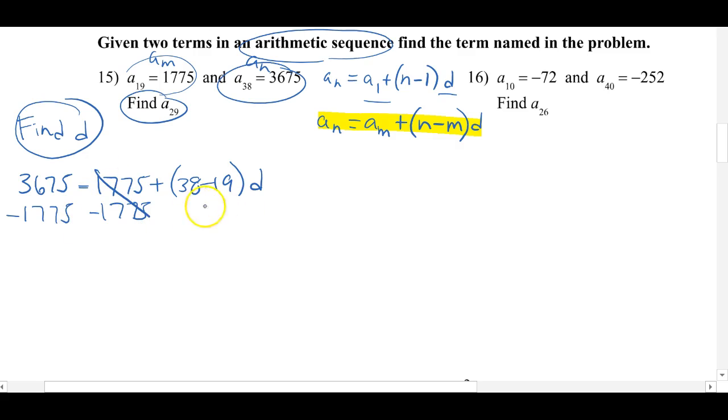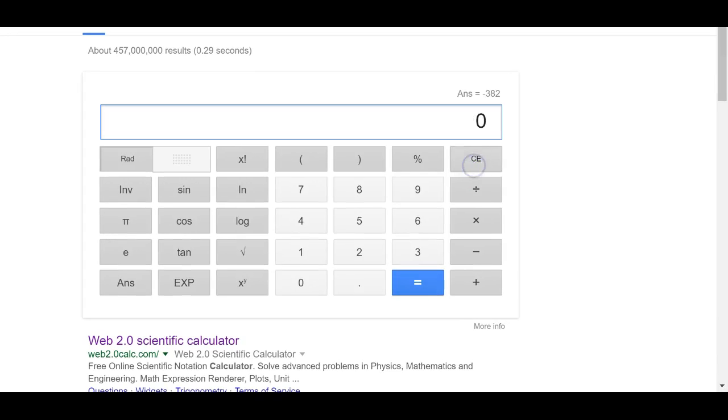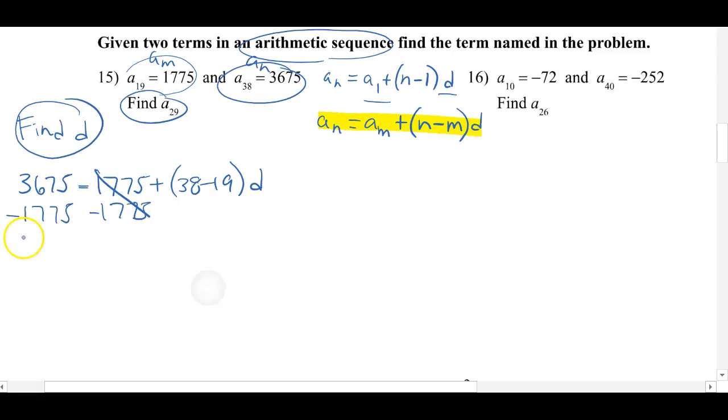What I'll get here: 3675 minus 1775 is 1900, equal to 38 minus 19, which is 19, so 19 times D, and then divide both sides by 19. So our difference is 1900 divided by 19, which is 100.